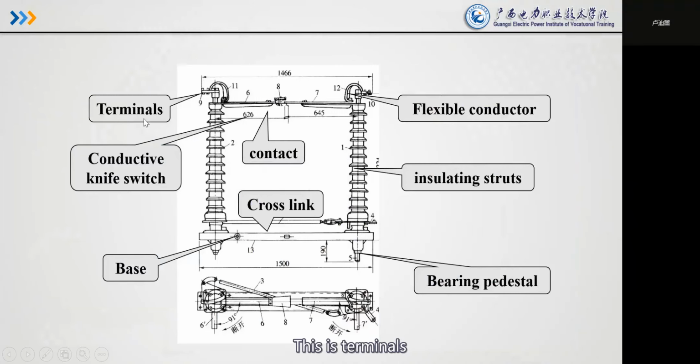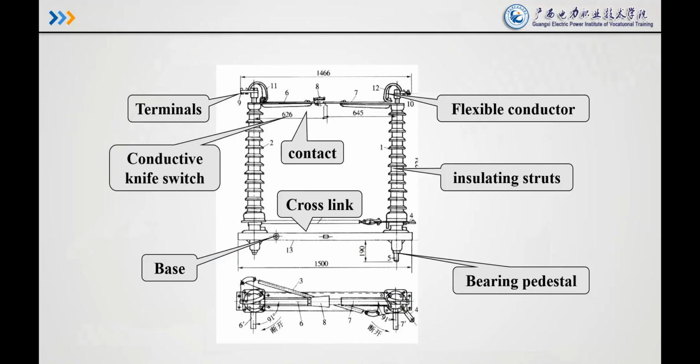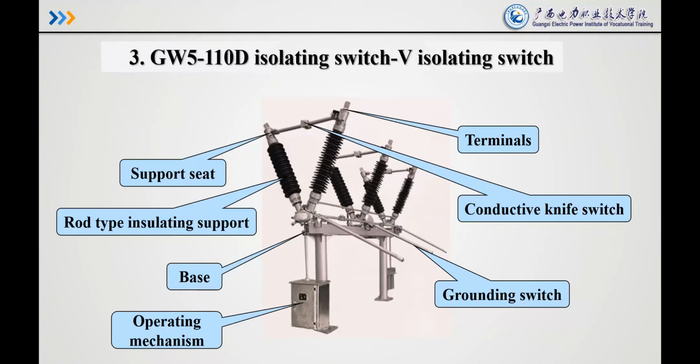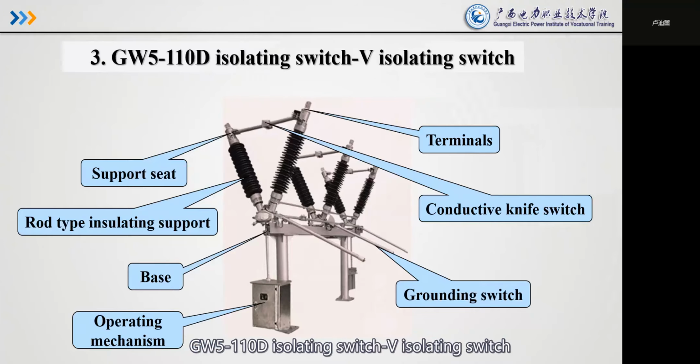These are the terminals and contents: conductive knife switch, base, flexible conductor, insulating straps, bearing potential. GW5-110D isolating switch.